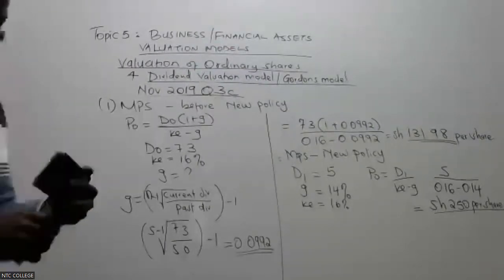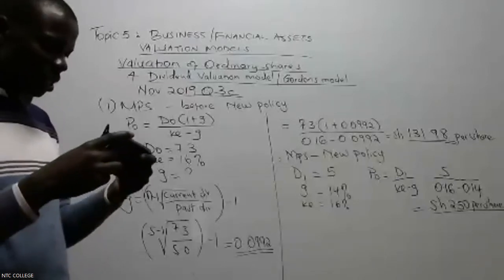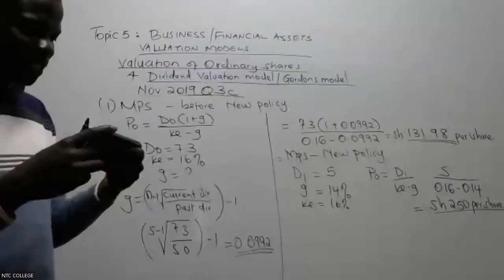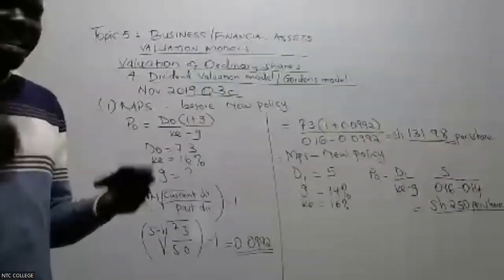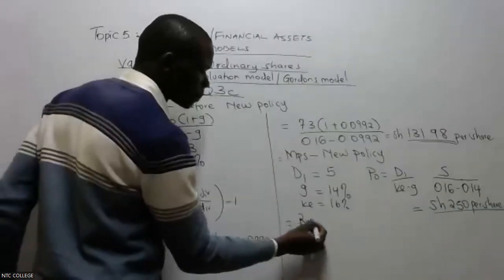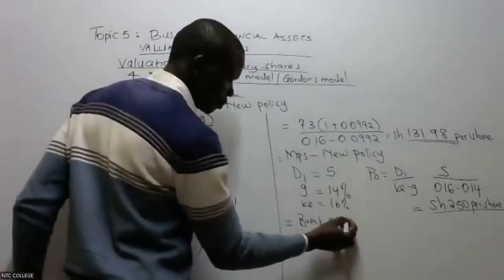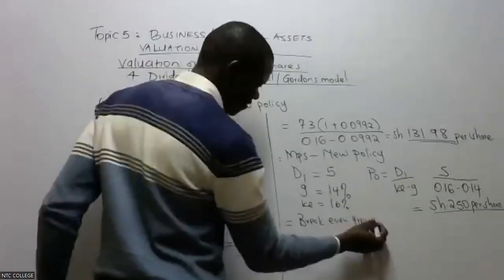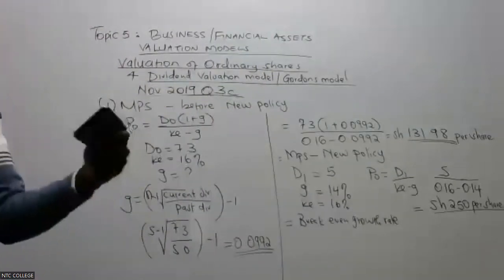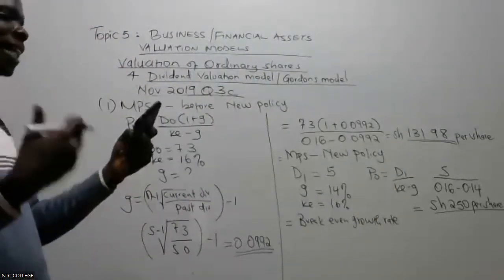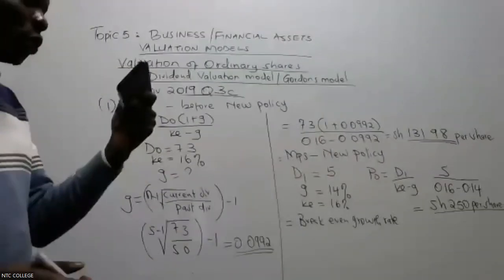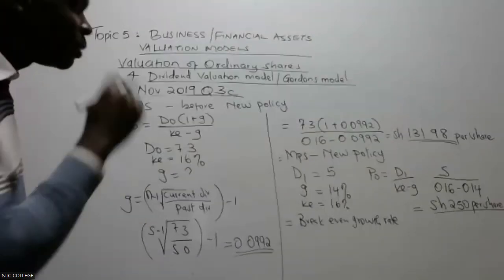So the last part, we are asked to determine the break-even growth rate in dividends per share using the market price calculated in C1 above.